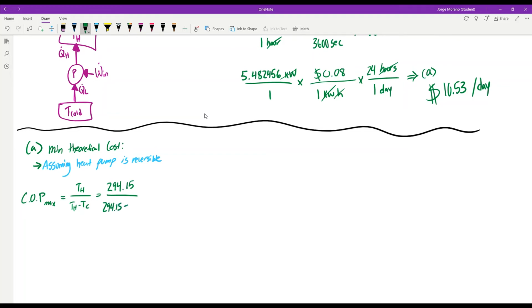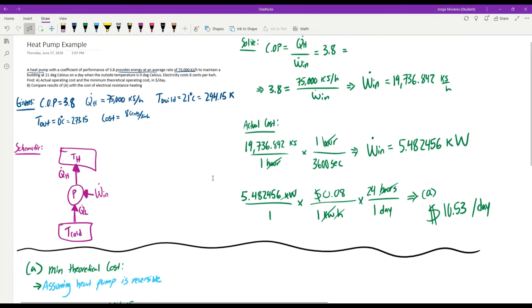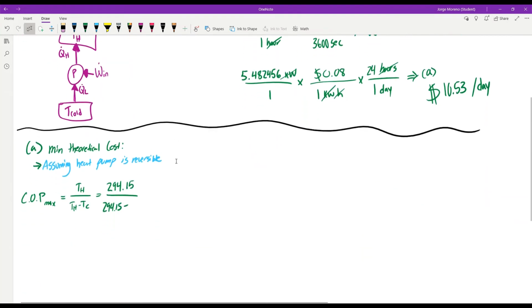And TC is the cold reservoir, the exterior, the cold outside, which is 0 degrees Celsius, or 273.15 degrees Kelvin. If we evaluate that, we get COP max of approximately 14.